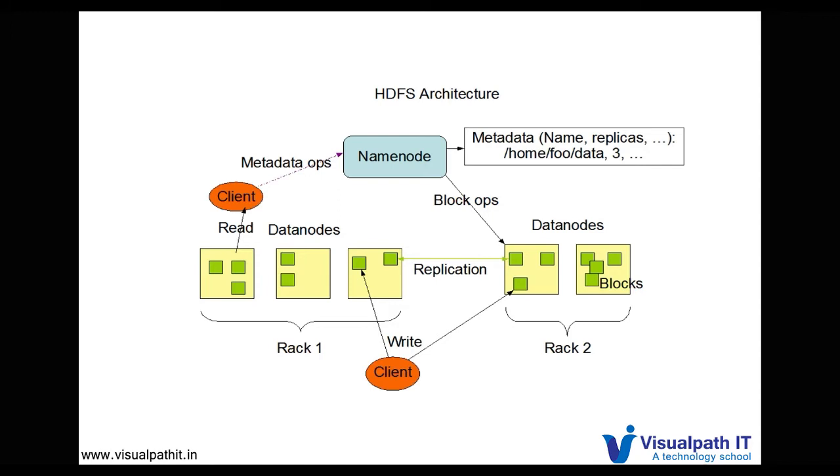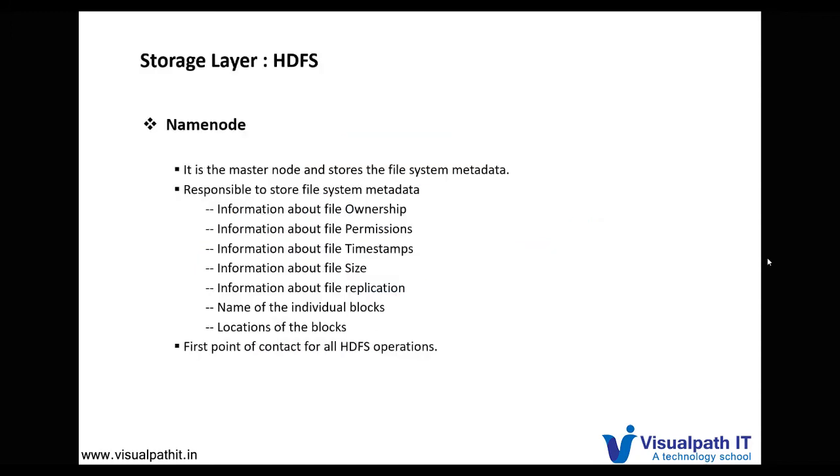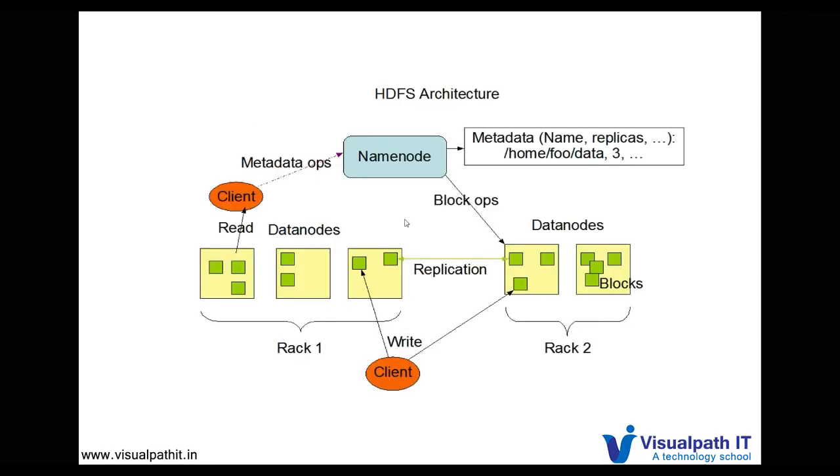Okay, so let us see one by one. First component in the storage layer, name node. What is name node? It is the master node in the Hadoop cluster, and it will store the file system metadata. As per our diagram, what is Hadoop architecture?